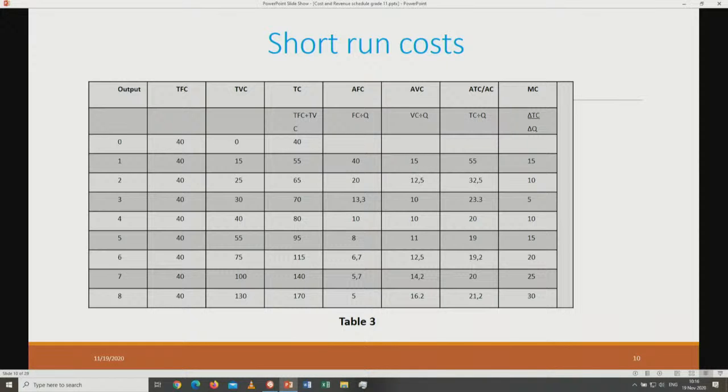What quantity are we producing? We are producing 0. Any number divided by 0 is undefined in mathematics. That's why we have nothing there.